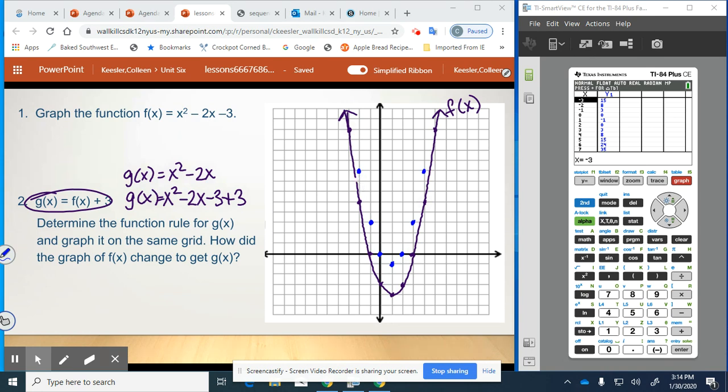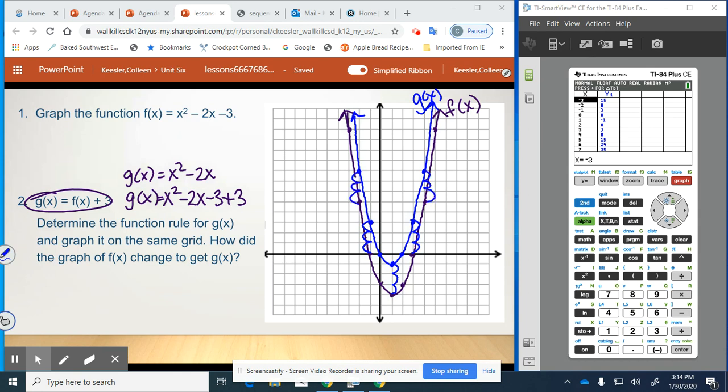And we could get up to 15, let's see. Nope, we can't. So that's going to be it. So this is g of x. And as I assumed, it did shift it up 3 units. You can see that every point on my purple graph is now up 3 units higher on the blue graph.